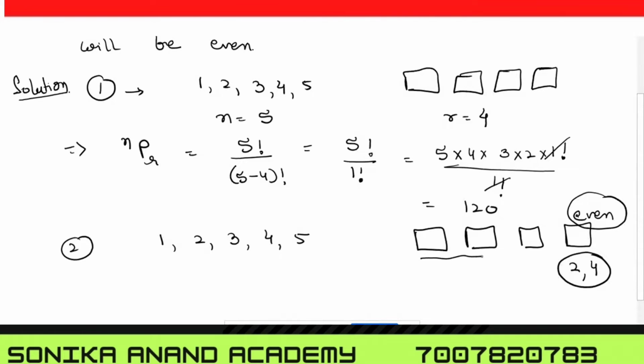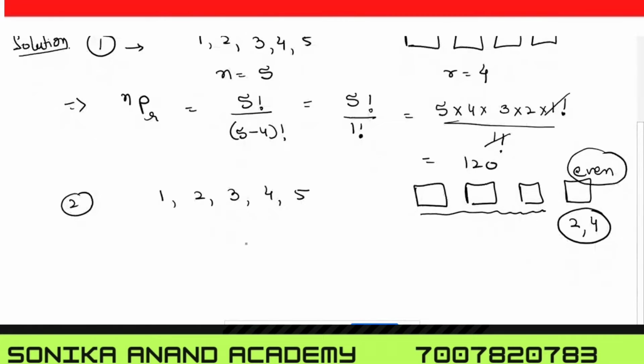So we are left with 3 boxes, so the value of r becomes 3. We have to fill 3 boxes. Now the value of n: I omit 2, that is 3 and 5. These are the proper numbers. Now if one of them, either 2 or 4, gets filled over here, I am left with one number which I put over here.